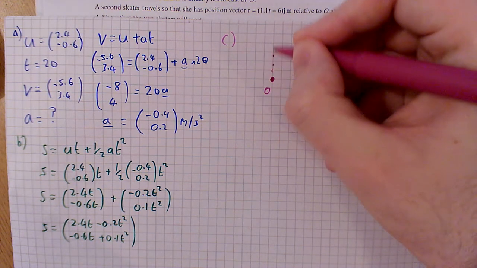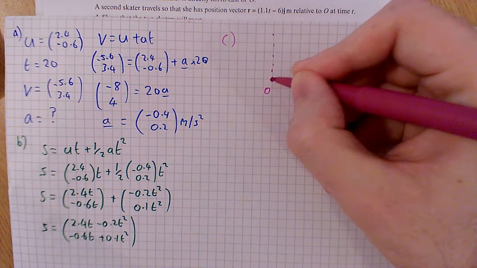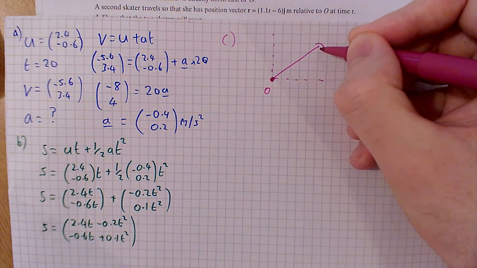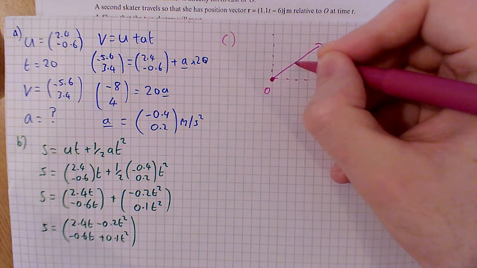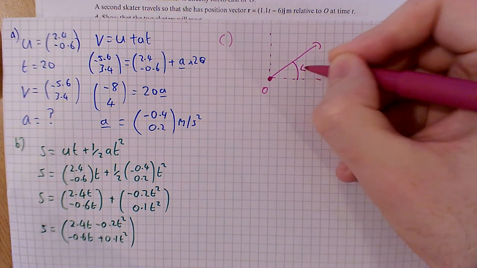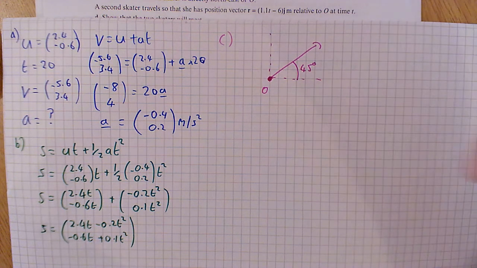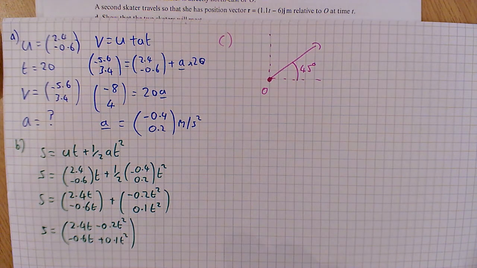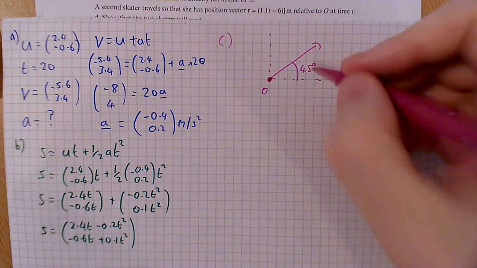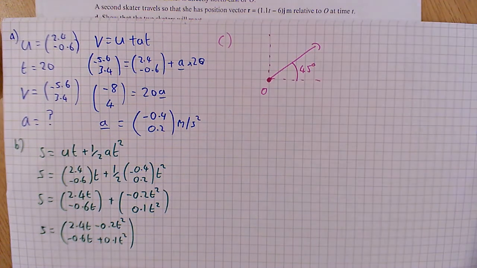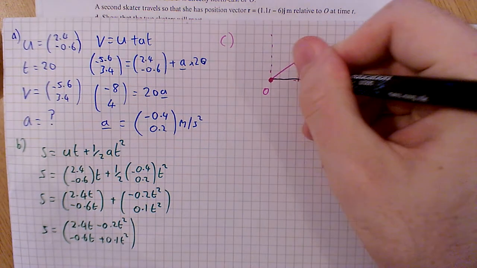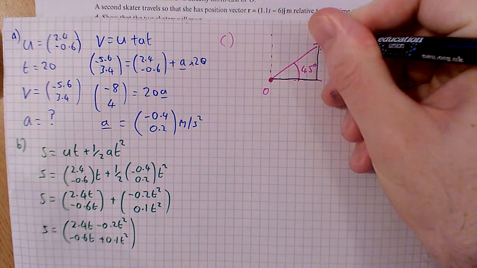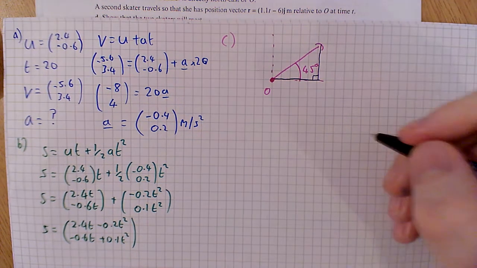So if we just pop them in, to be northeast, that means that we've got an angle here, it's got to be in the middle of the two, has to be 45 degrees. And for us to be in the middle of the two, if we think about the components to the side, I'll draw them in here for you. If we think about this way and this way, these two would have to be equal.